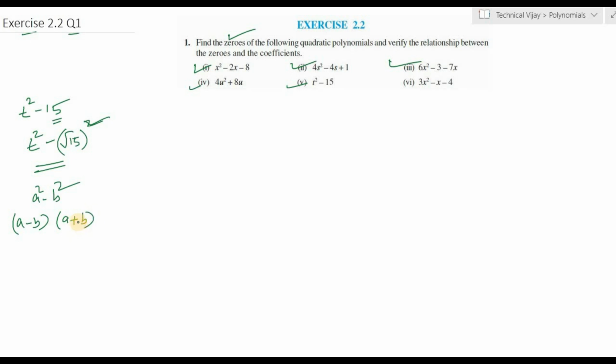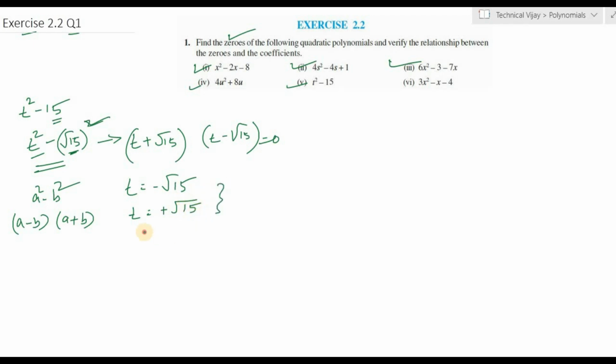In the same way, here a is equal to t and b is equal to root 15. So a plus b means t plus root 15 and a minus b means t minus root 15. Both will be equal to 0. So t is equal to minus root 15 and t is equal to plus root 15. So these are the zeros, that is alpha and beta.